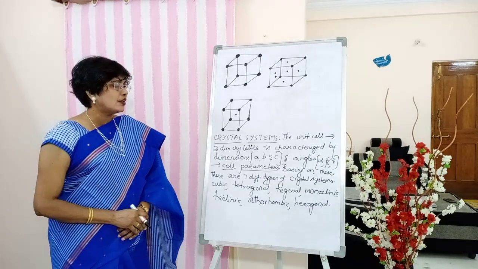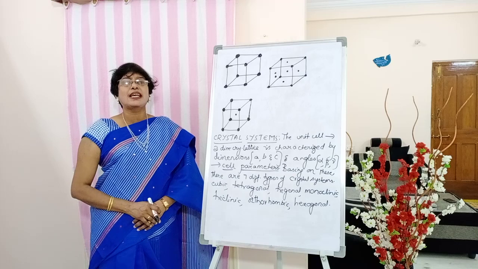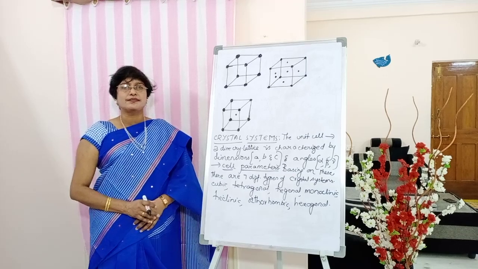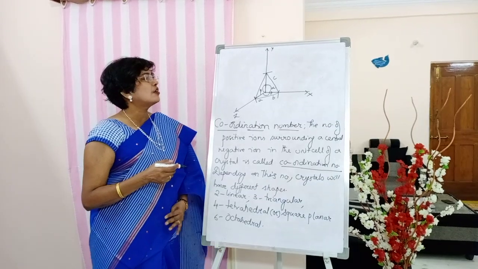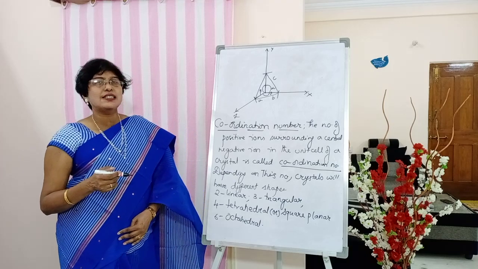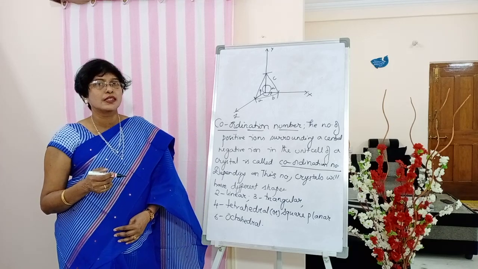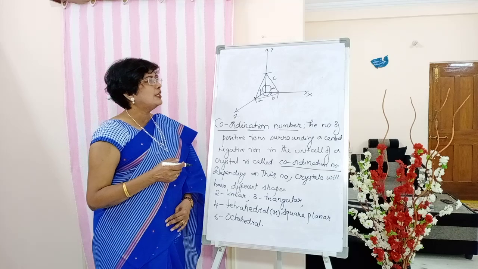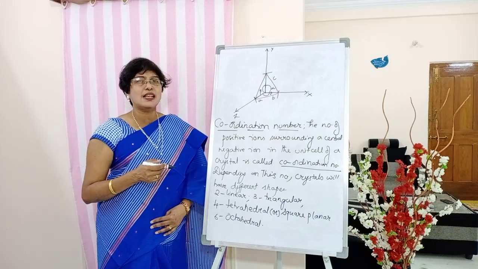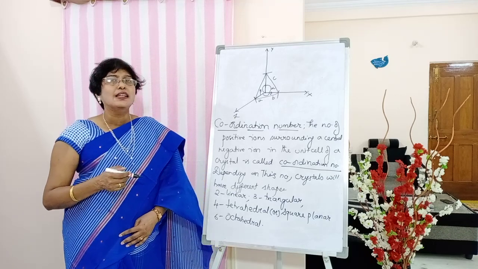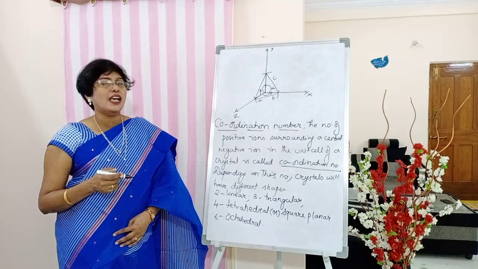Now I will show you the diagrammatic representation. Students, please draw this diagram under crystal systems. The unit cell of a 3-dimensional crystal lattice is characterized by dimensions and angles.